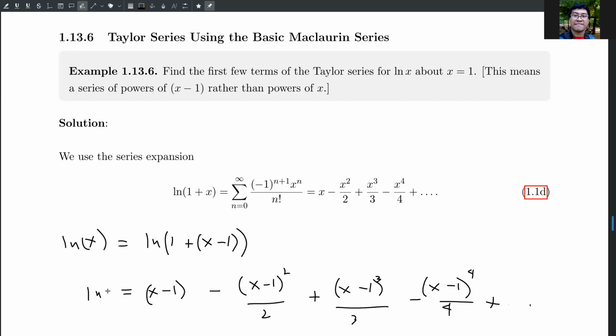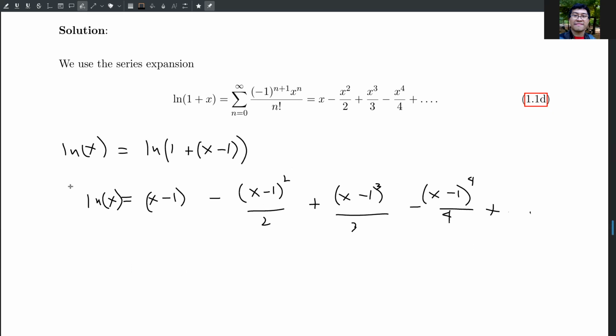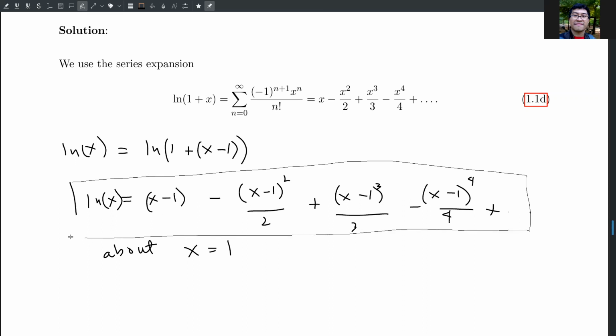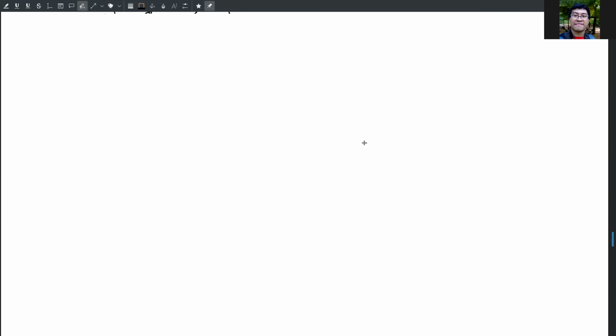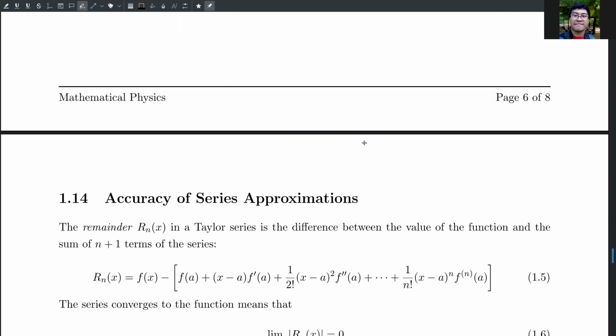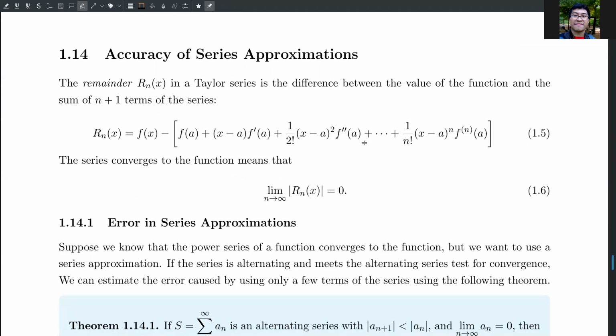So that's your ln x expanded about x equals 1, not x minus 1, but x equal to 1. There are also other methods, but for now, let's proceed to accuracy of series approximations.